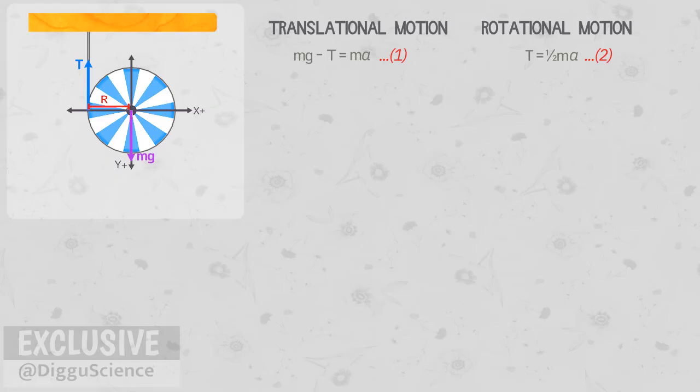We have two equations, from which we can calculate the translational acceleration of the yo-yo. Simply substitute the value of T from equation 2 into equation 1. All terms contain the quantity m. We can cancel that value. We can write this equation as a equals 2/3 g.